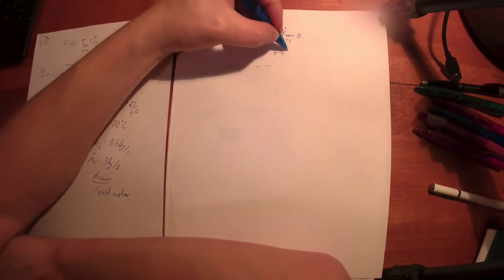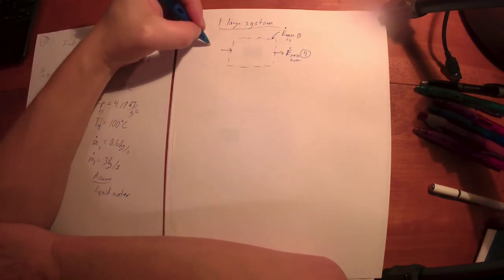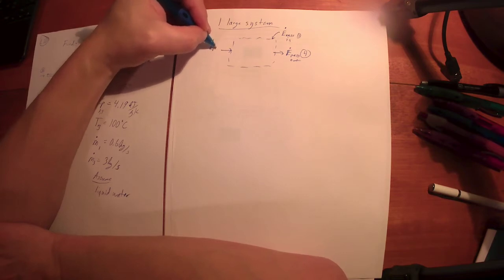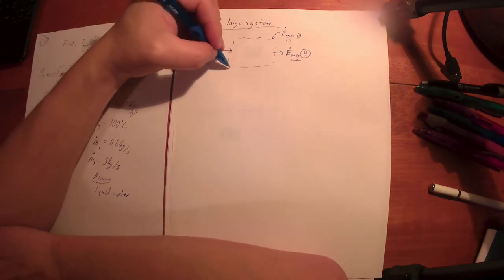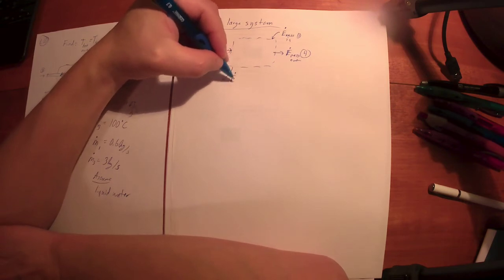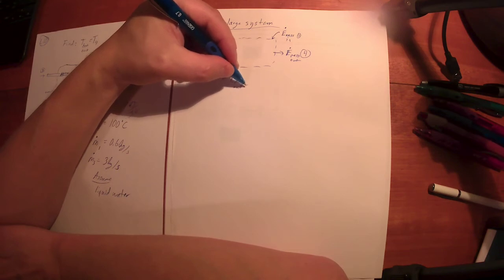Got E dot mass out, this is 4. Got E dot mass in, this is E dot mass in coming in at port 3, and E dot mass going out at 2.